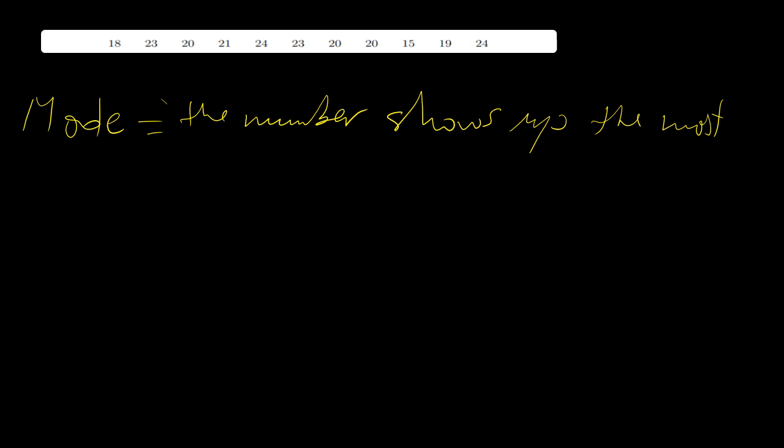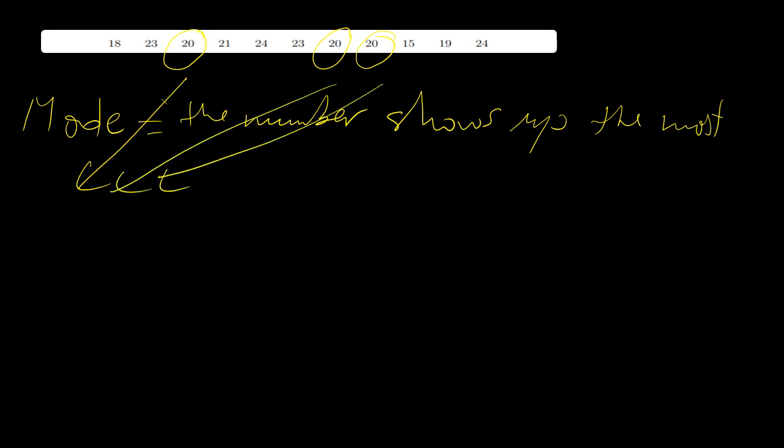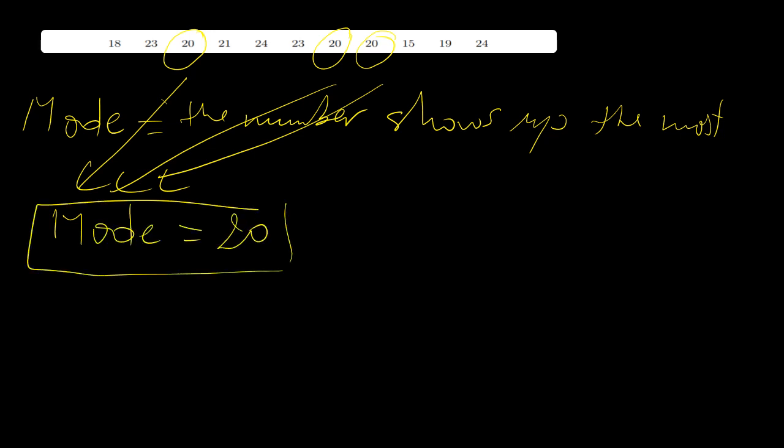If we take a look at this data set, we conclude that here the number 20 shows up 3 times, and it shows up the most in this data set. So here we can say that 20 is our mode.